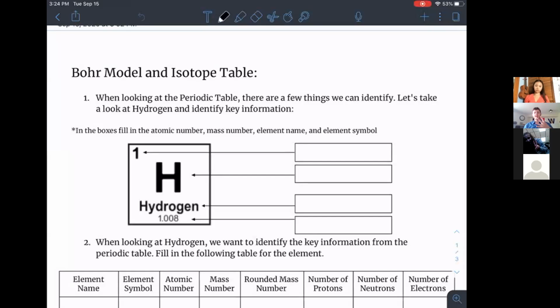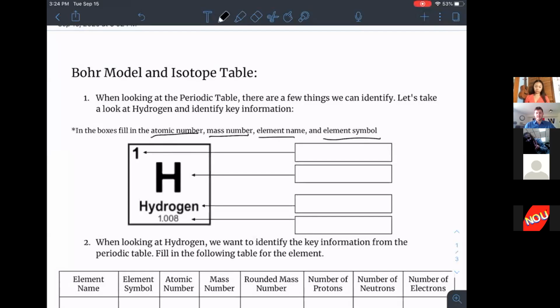This is what the element hydrogen looks like on the periodic table. And there are 4 things that we can figure out based off of just that element square: the atomic number, the mass number, the element name, and the element symbol. Can anybody tell me where to put any of those 4 things?